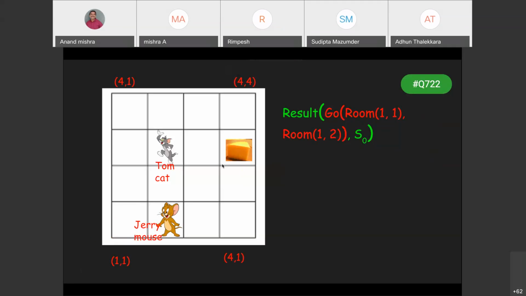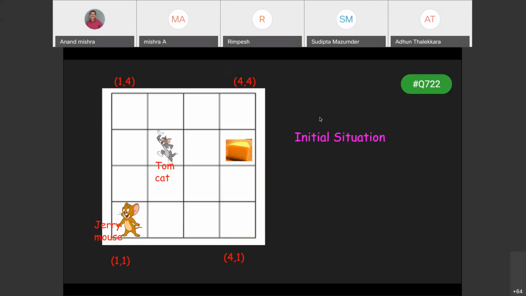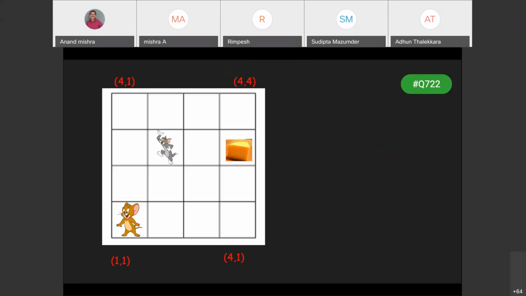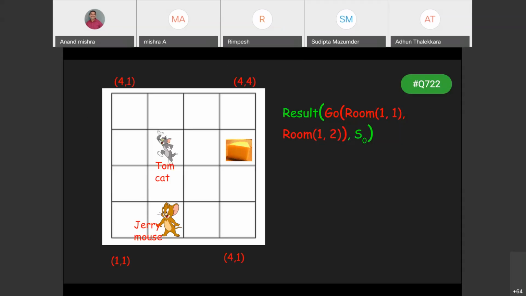Situation calculus describes this with logical statements. Let's look at the definition again. Situation calculus has only two terms. One is the initial situation, S naught, and the other is applying some action on S naught. Here we are applying this go statement, going from this room to that room, and that's the action, and this is the initial situation.